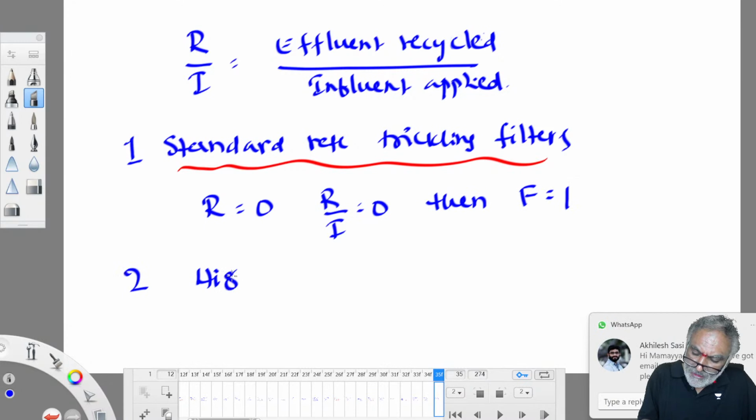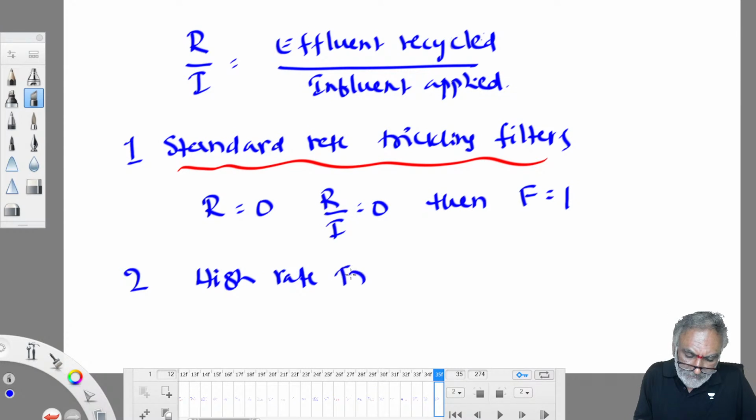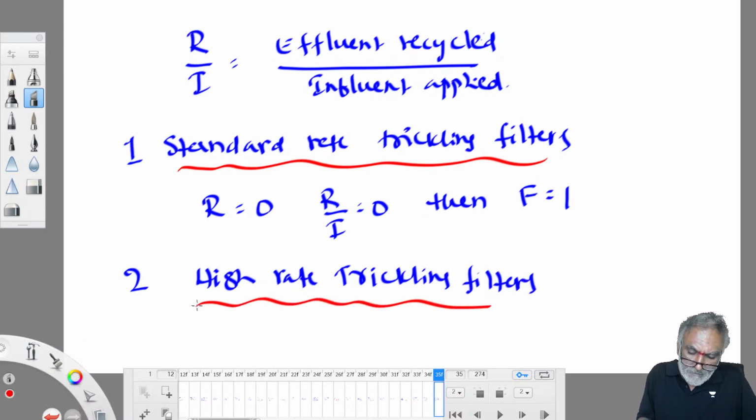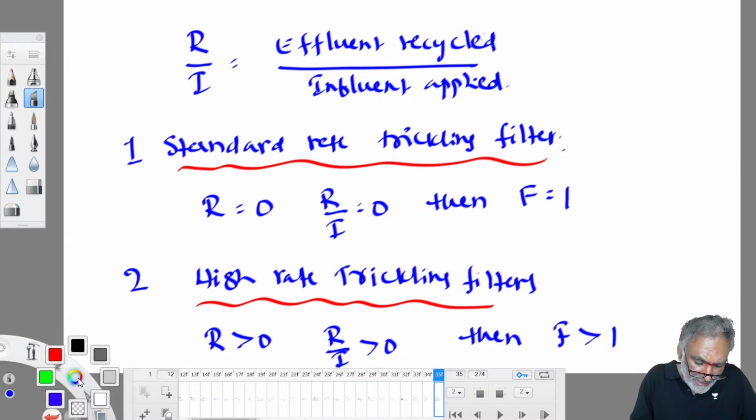For high rate trickling filter, R value is not equal to 0, R value is greater than 0, R/I is greater than 0, then F greater than 1 we will get. Okay? So that's the difference between high rate and standard.